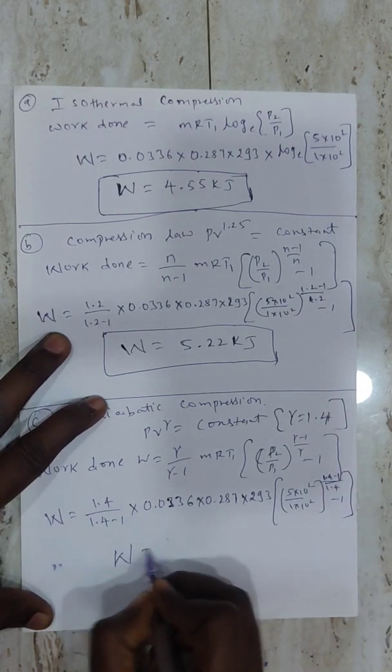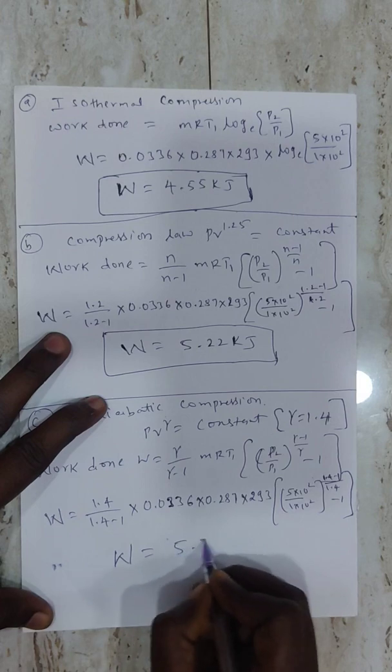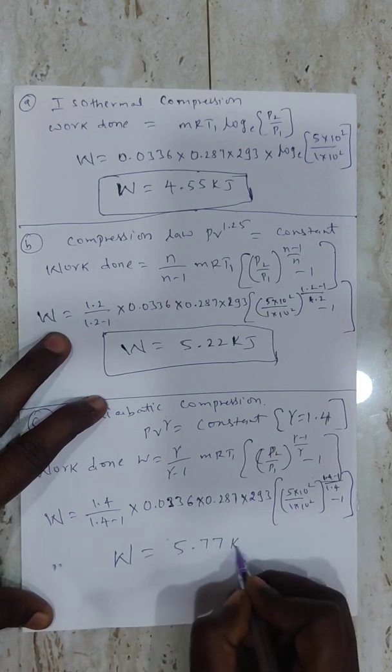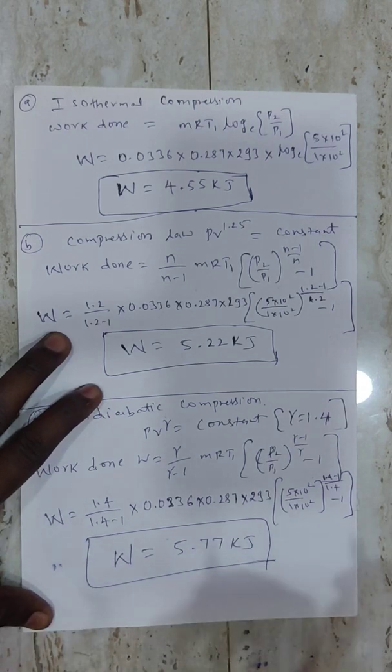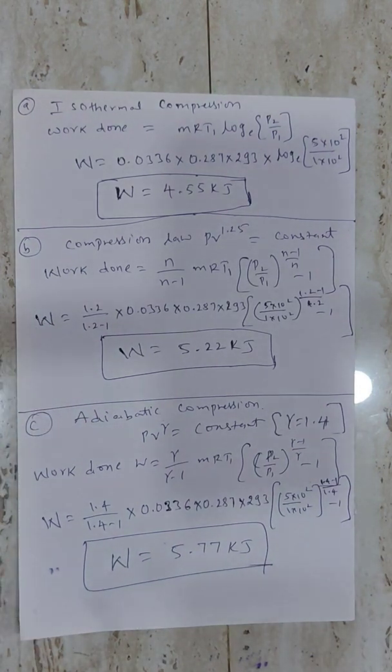Okay, the work done W is equal to 5.77 kilojoule. Okay, this is the way of solving the problem.